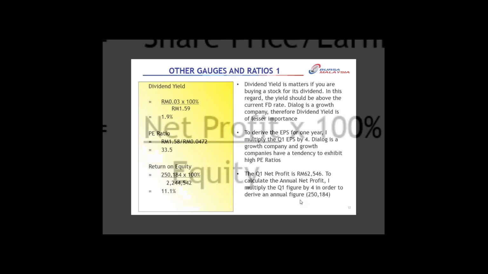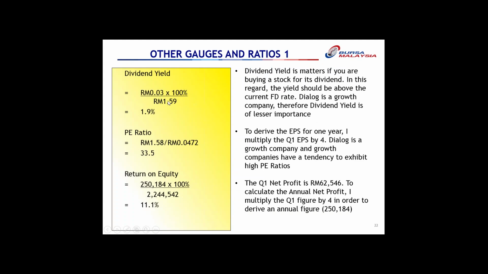So how do we calculate it? Now, Dialog's dividend is 3 cents divided by its price of RM1.59, which is just 1.9%. The yield for Dialog is much lower. If you are buying a stock just for dividend yield, make sure that the dividend yield is higher than the FD rate.